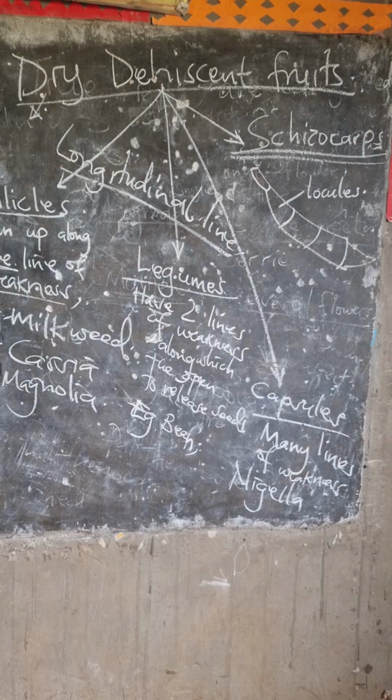Sir, what about the schizocarps? Are they also a class of dry dehiscent fruits? Let me hope I've answered you. Zahala, have I answered you, please? If you have, if you're conversant, you can respond with a yes. Have I answered you?